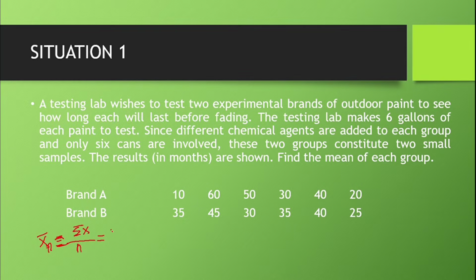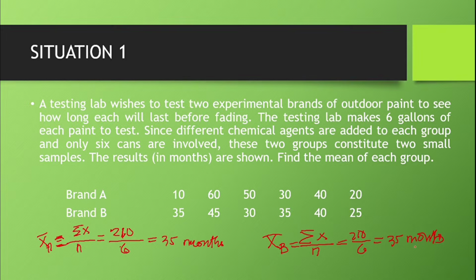The previous topic is we have to add all of X. We have 210 over the number, which is 6. So we have 35 months. So the mean for B, which is the summation of X over N, is 210 (adding 35, 45, 30 and the rest), 210 over 6. We have still 35 months.